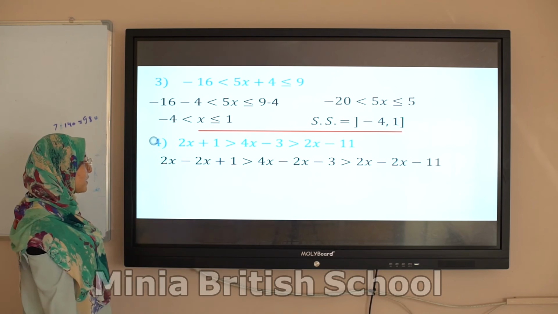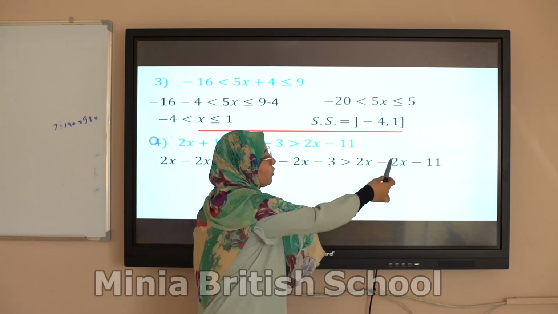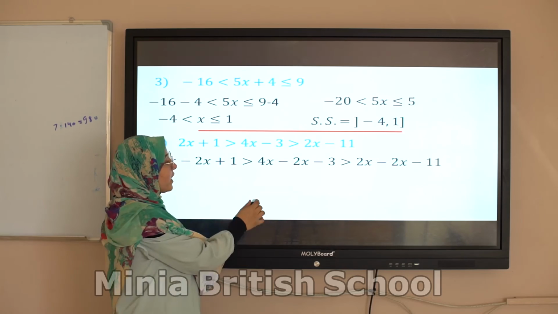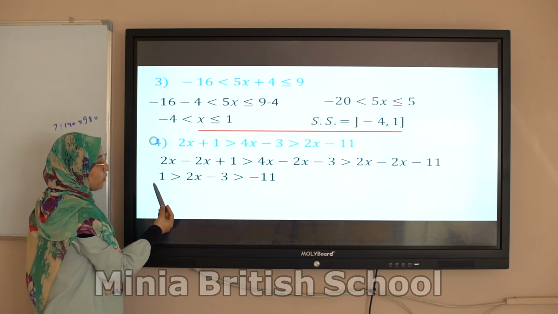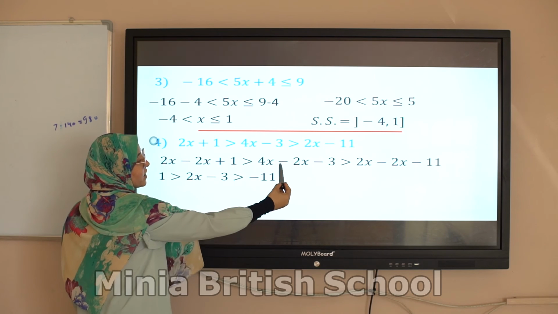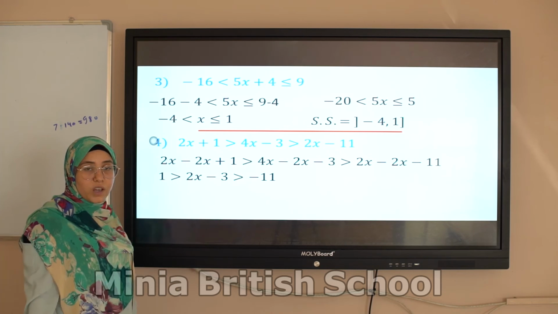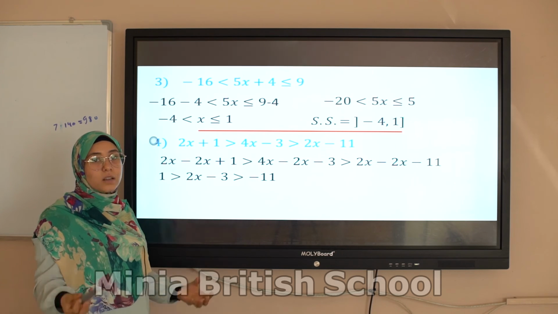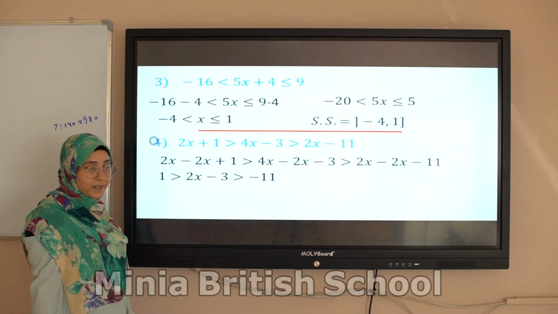Simplify it, we get 2x minus 2x equals 0, and here also 0. But 4x minus 2x equals 2x, okay? So here 1, negative 11, and 2x minus 3, okay? Now, we can add 3 to the three sides of the inequality.